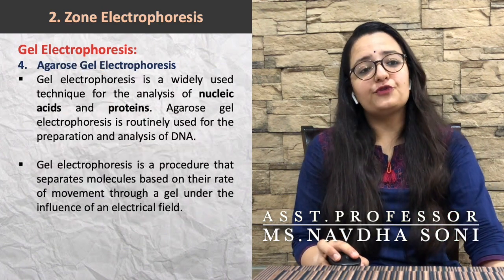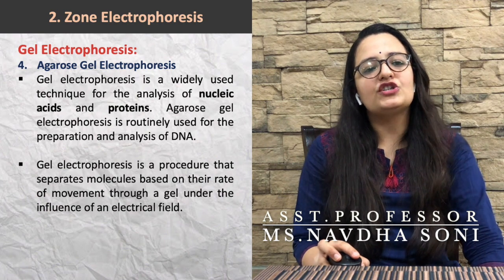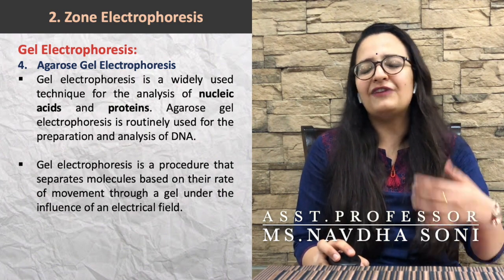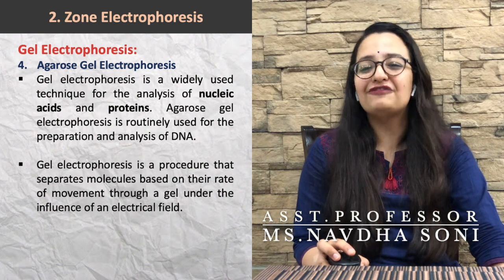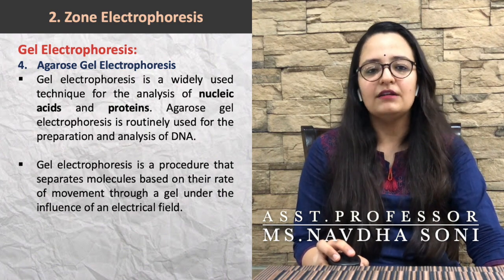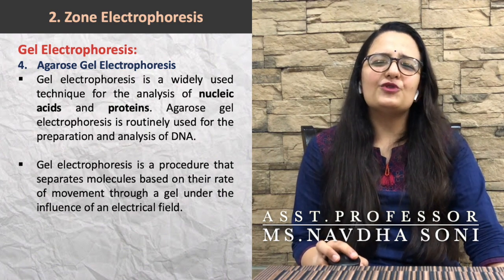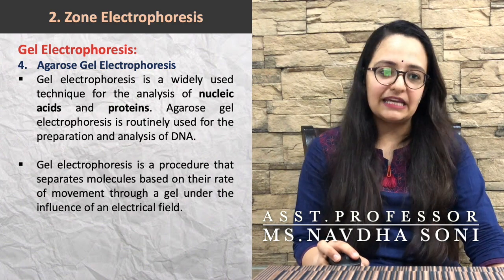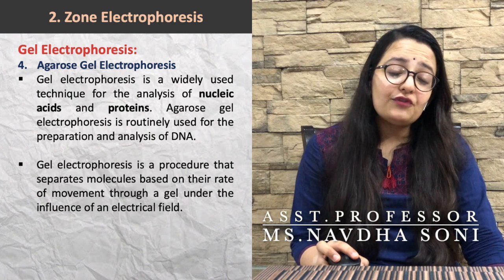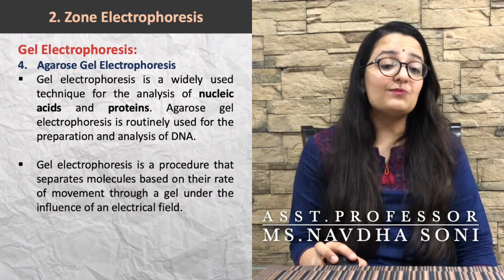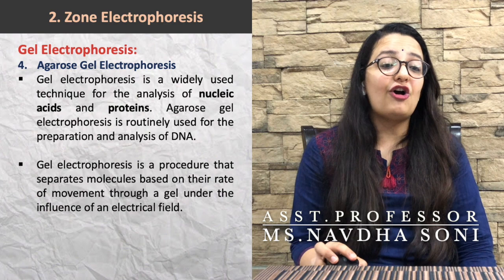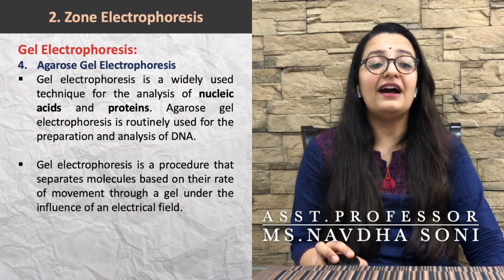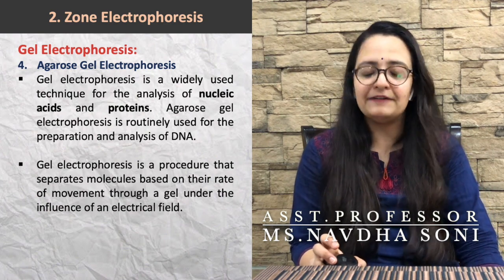Agarose gel electrophoresis is widely used for the separation of nucleic acids and proteins. It is routinely used for the preparation and analysis of DNA. Gel electrophoresis is a procedure that separates molecules based on their rate of movement through a gel under the influence of an electrical field.